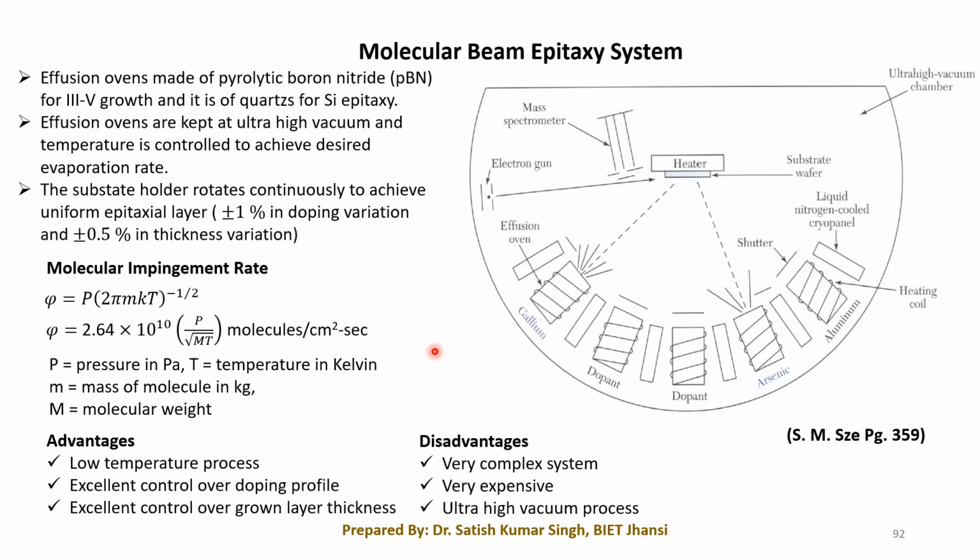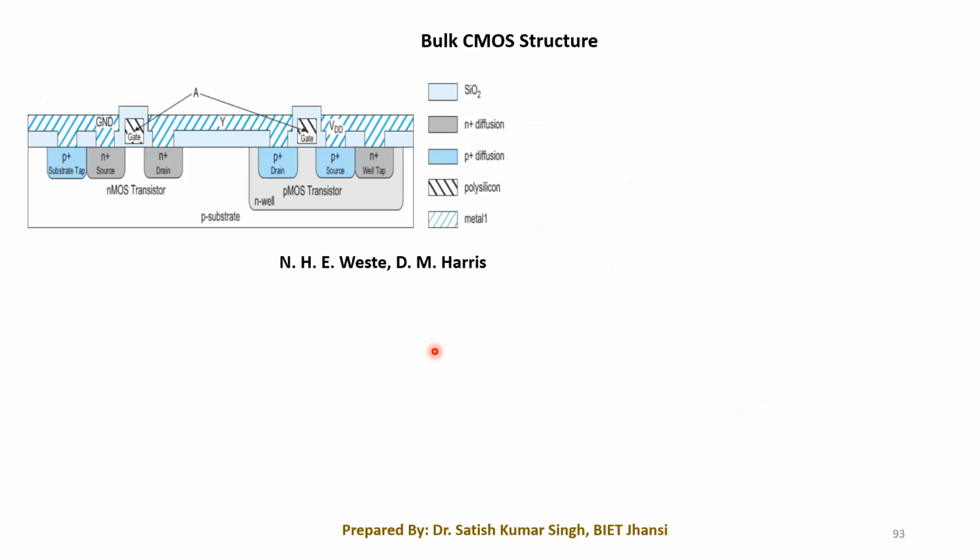Inverter is actually composed of PMOS and NMOS. So CMOS is one of the basic elements for ICs. Most circuits can be composed by interconnecting different CMOS devices. So just to start with the SOI, we have to first discuss the basic CMOS structure. So let's begin this particular topic.